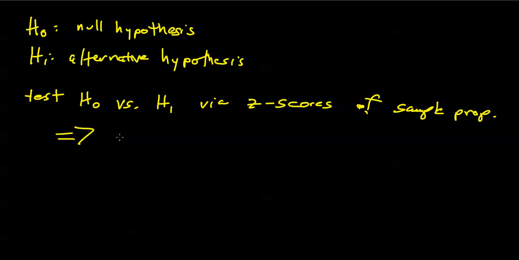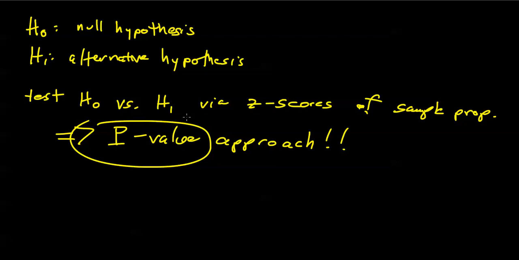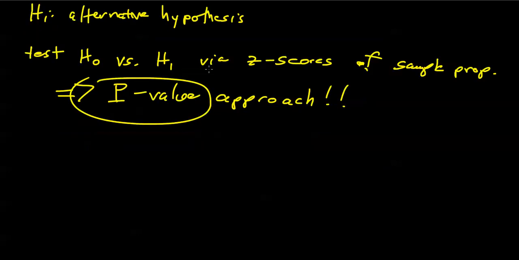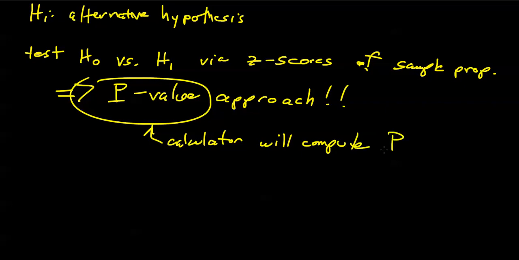And in this section, really throughout all of chapter 8, we're going to use the p-value approach. Alright, so p-value is king. P-value is going to tell it all, and the good thing is the calculator, not surprisingly, will compute the p-value for us once we enter in some sample data.